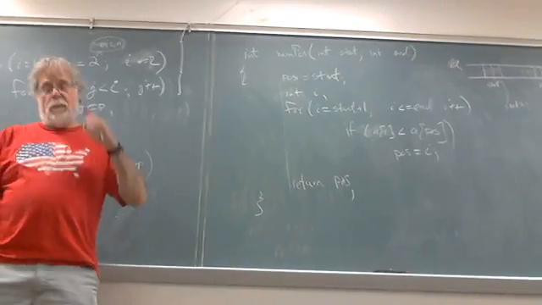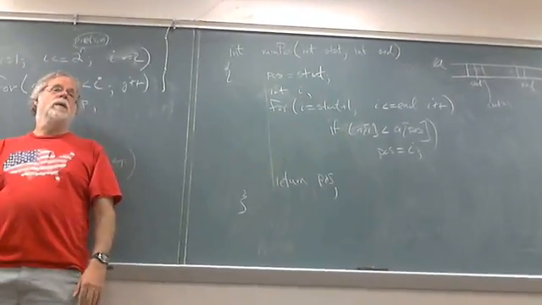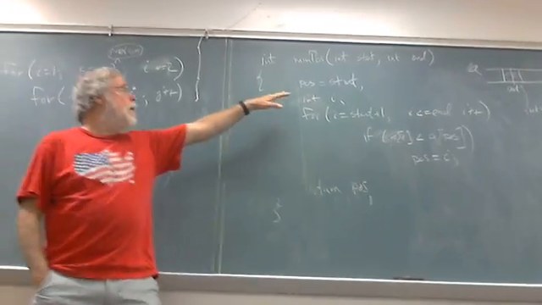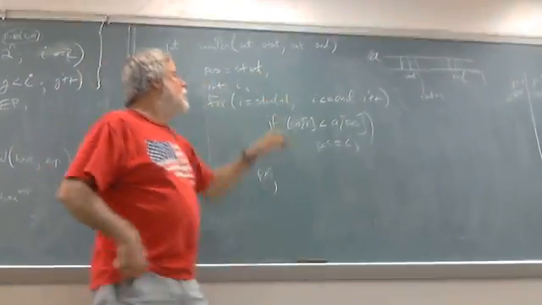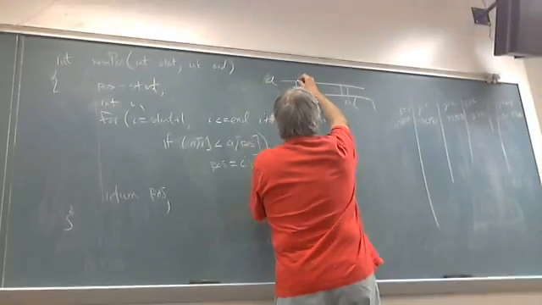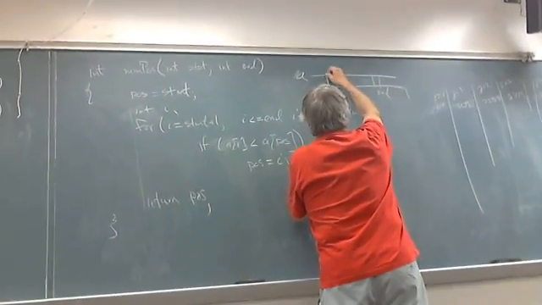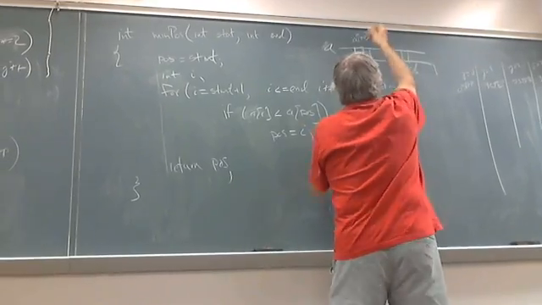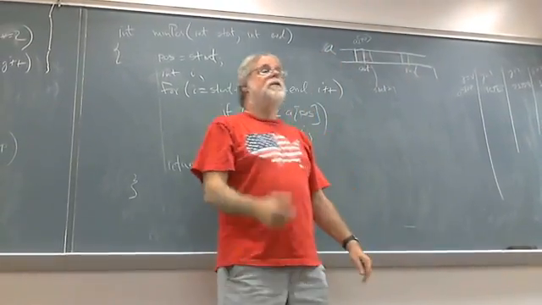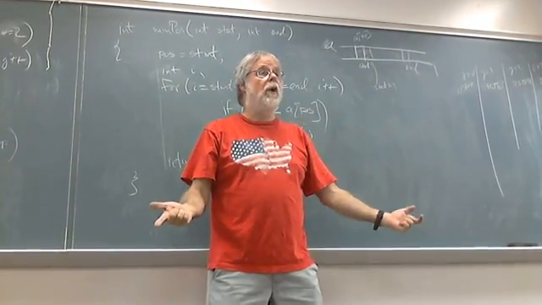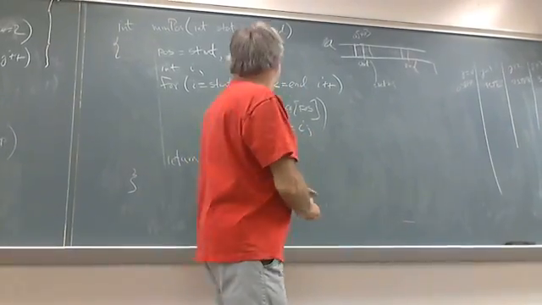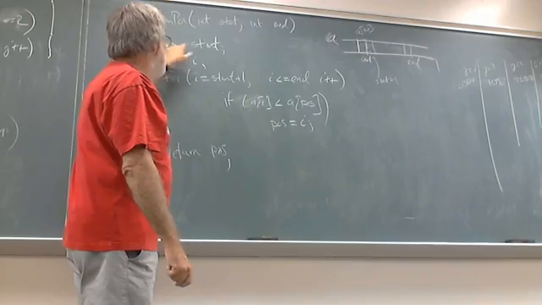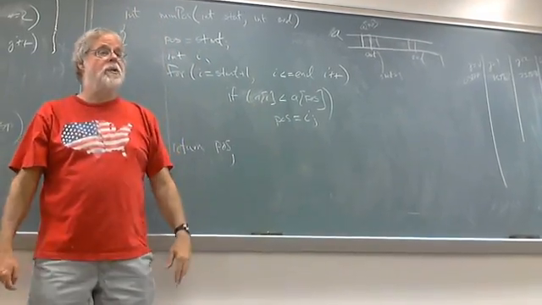To begin with, I'm looking just at this value here, A bracket pos. If that's the only value I've looked at, it's the minimum I've seen so far. So right now, the index of the minimum is start. That's why I started out that way.